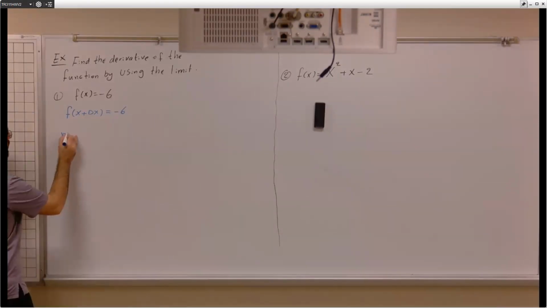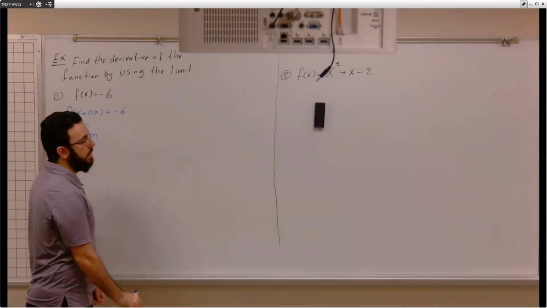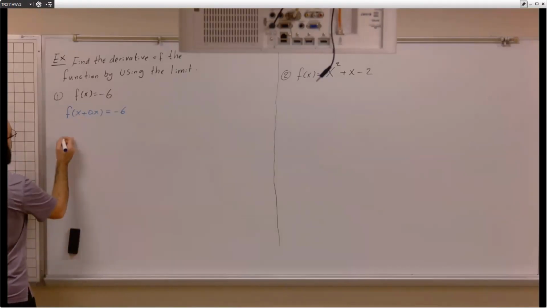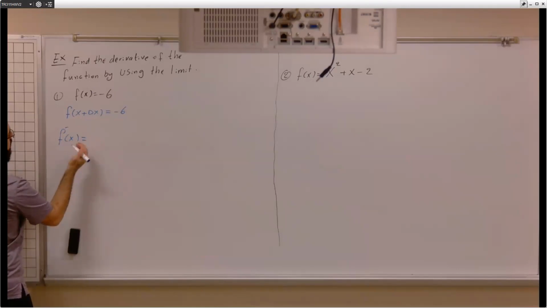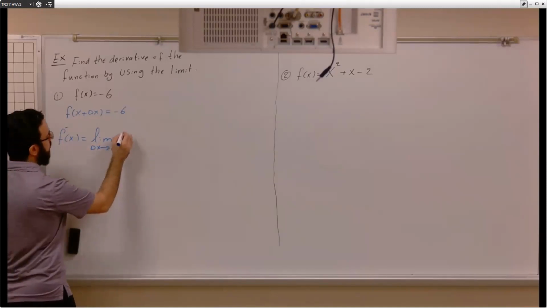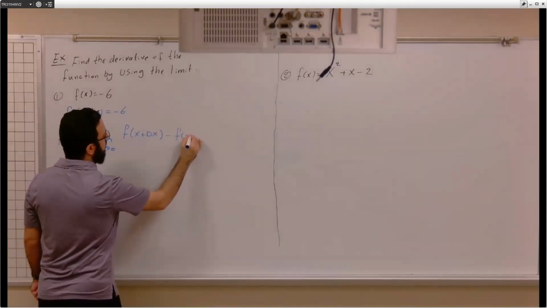The slope is going to be the limit. I'm not going to type the slope anymore because now it's the derivative. So we're going to say f prime of x, which is the same thing, the slope, is going to be the limit when delta x approaches 0, f of x plus delta x minus f of x divided by delta x.